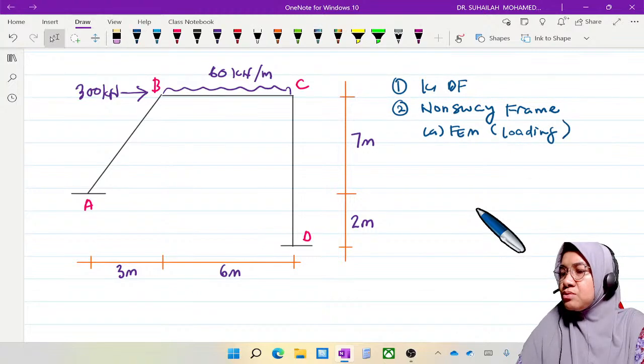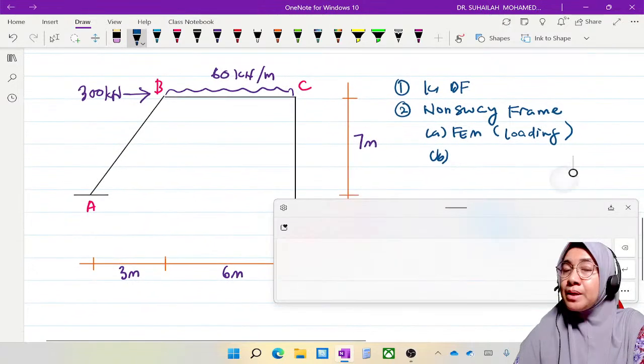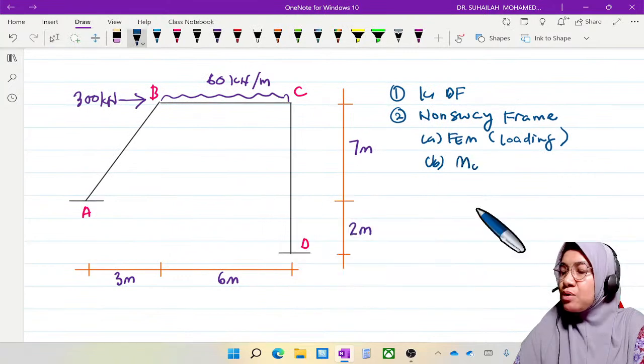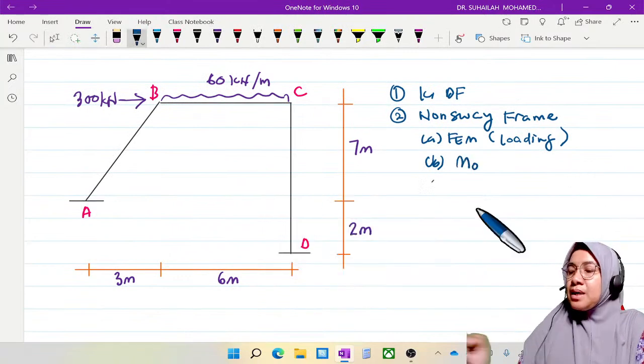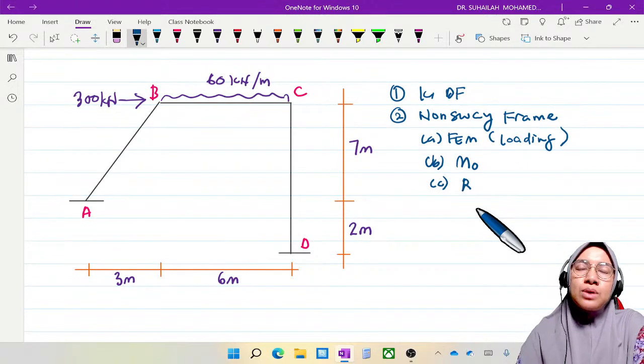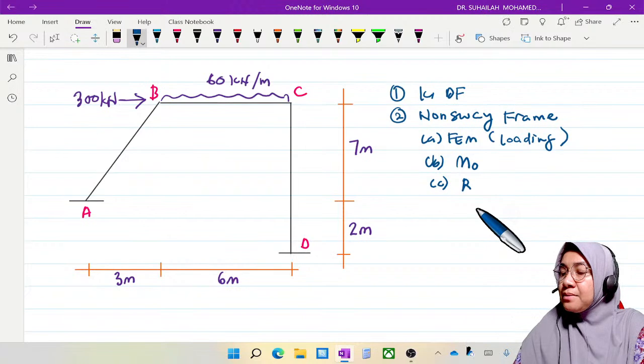B, we have to calculate the end moment, and we label the end moment in table number 1 as M naught. And then step C is to calculate the restraining force, R value.